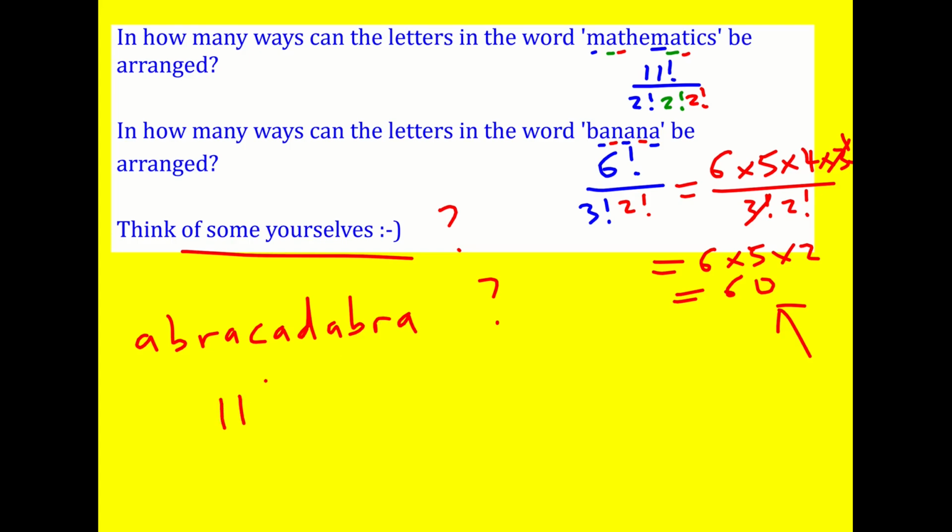Okay, again, it's 11 factorial. 1, 2, 3, 4, 5 A's. 1, 2 B's. It's quite easy to miss them. You have to really be careful. Maybe be systematic, right? So have I got any more C's? Have I got any more D's? No. And there we go. Okay, not going to simplify that one.